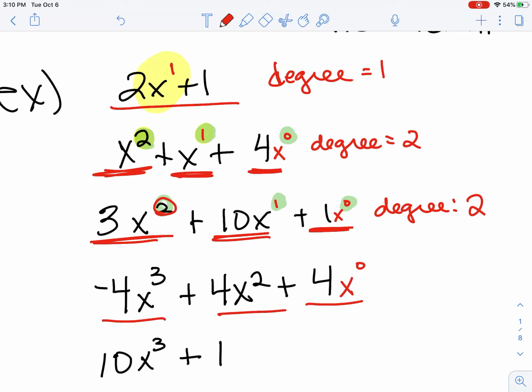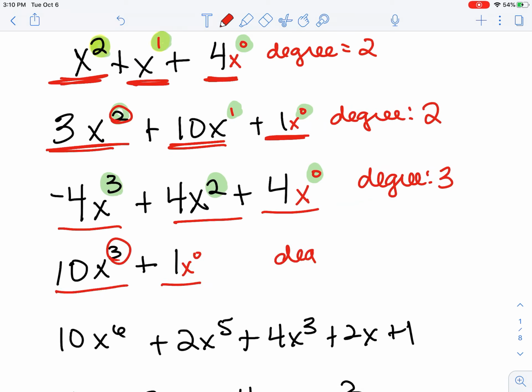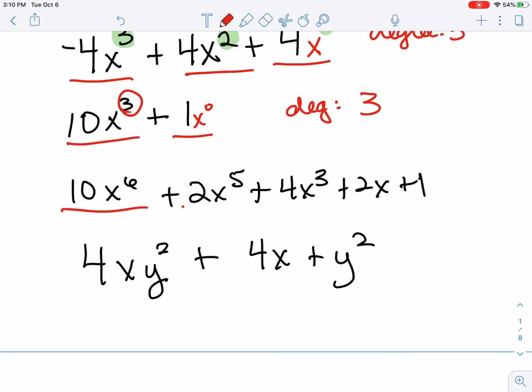This one is just a constant 4, so we know it's got a power of 0 on it. Again, we're going to compare the 3, the 2, and the 0. So the degree is 3 on that one. Again, here are our 2 terms. Degree is 3 on this one.